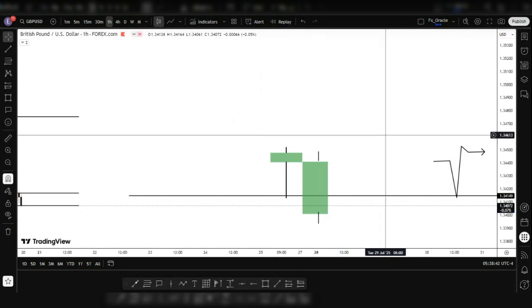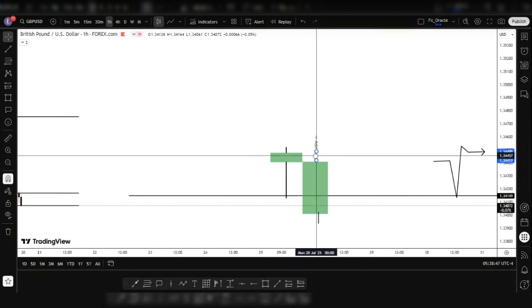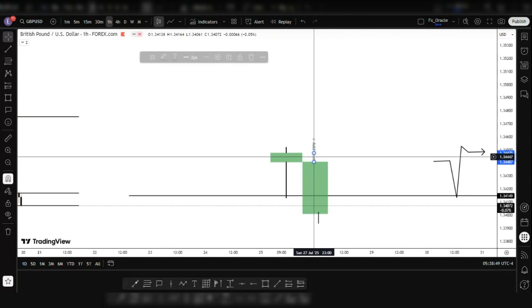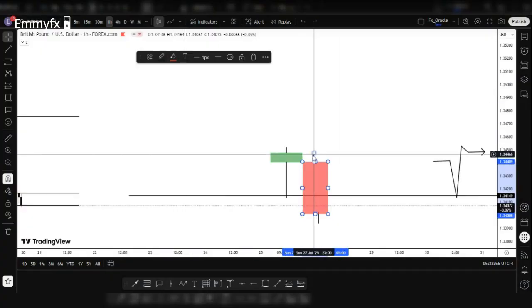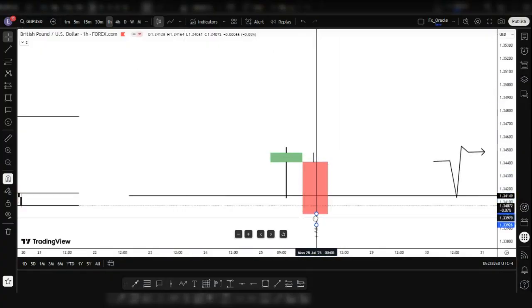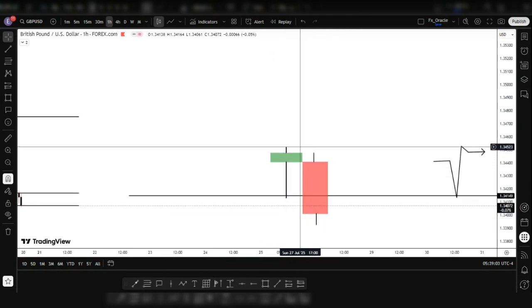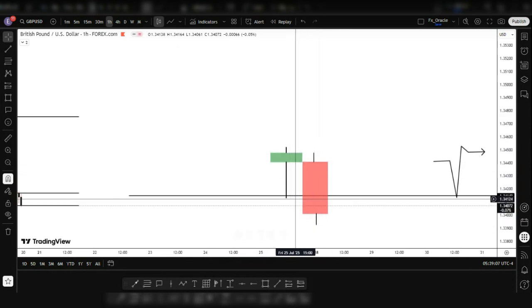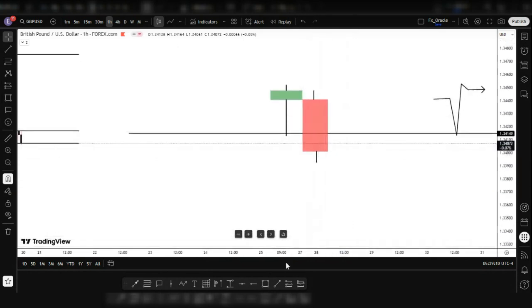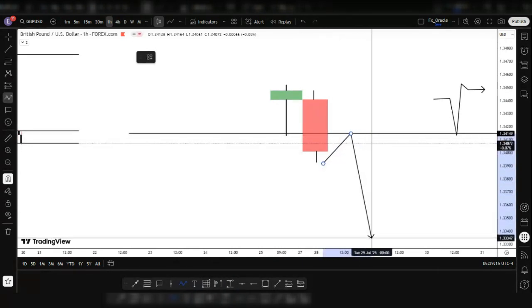Now price decided to close to the downside this way, and let's say the color of this candle changes from bullish to bearish. So it means that we had a reversal coming in, but price failed to continue in that direction, and it closed to the downside. So we should start seeing bearish movement. What do we expect? A retest and a continuation.